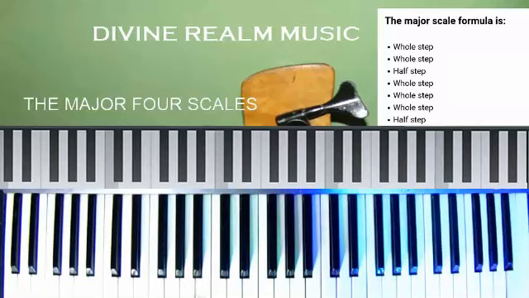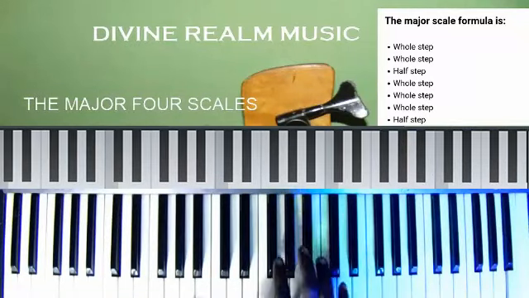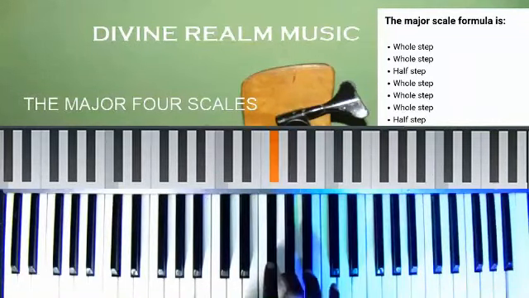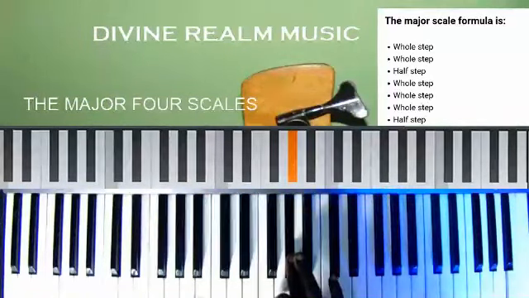Every scale has its own unique formula, so that with that same formula we can play it on every key. Whole step, then half step. A half step is immediate, and a whole step is leaving one note in between.